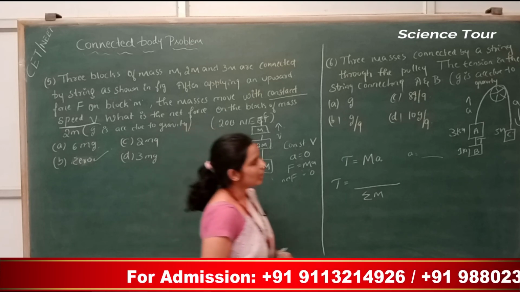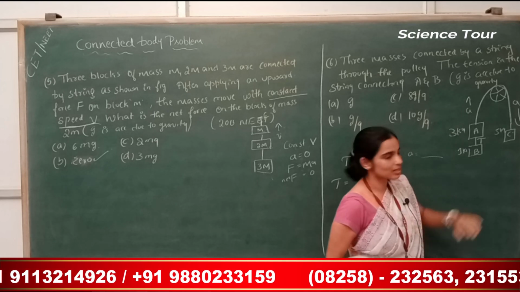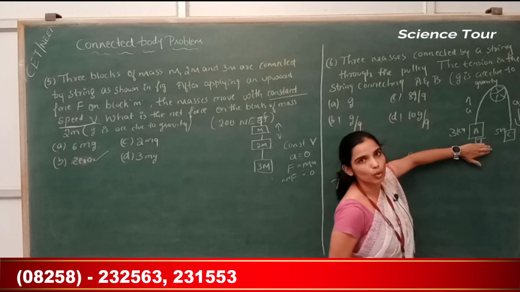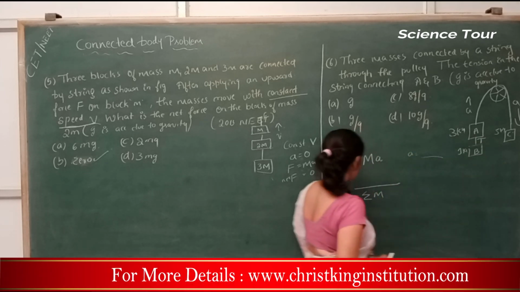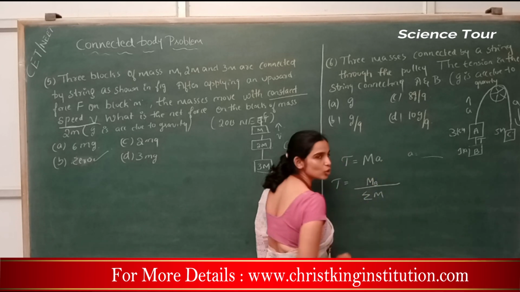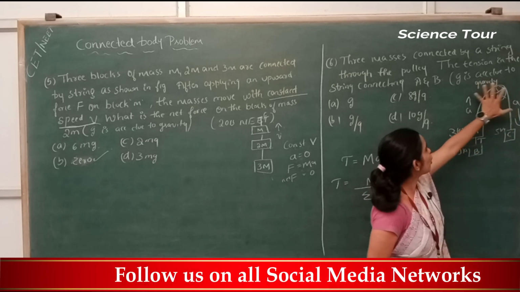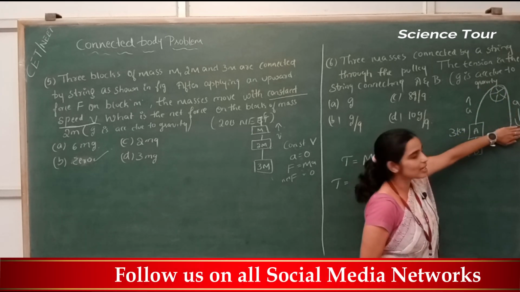So this tension exists only if B mass exists. If there is no B mass, then will the string stretch? No. If the string doesn't stretch, then there is no tension. So if mass of B is 0, tension should also be 0. If this mass doesn't exist, then the whole system will fall down under gravity.